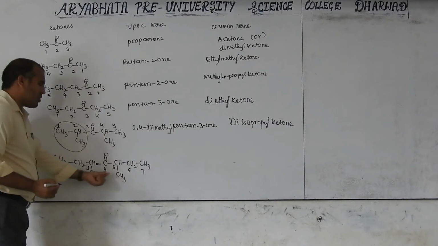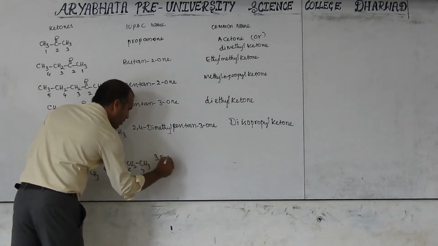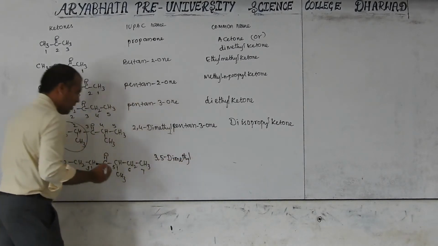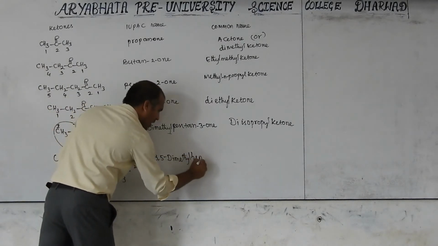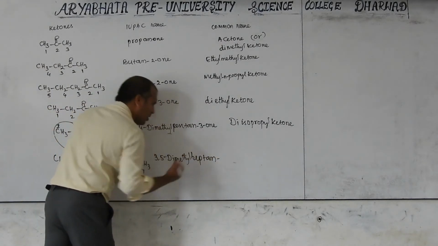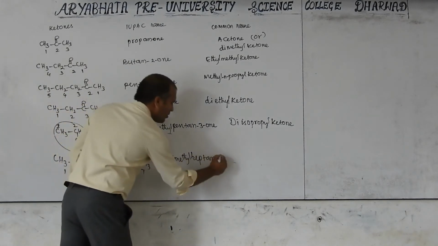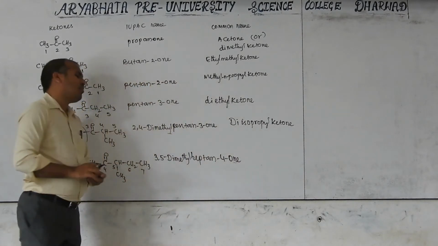Then at the third position and fifth position, we have the methyl group. That is called 3,5-dimethyl. Total 7 carbons are there. Then it is called heptane, remove the e, and the position of the keto group is the fourth position: 4-one.